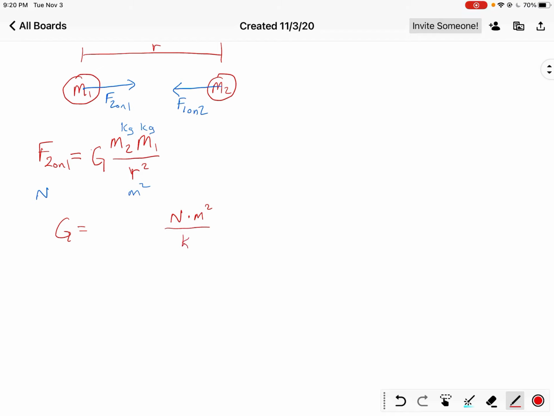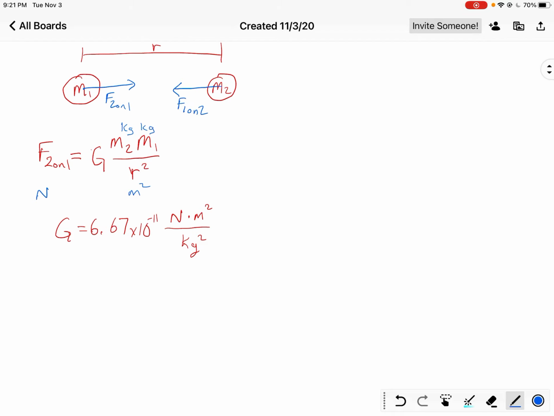I'm going to need kilograms squared on the bottom to cancel with the kilograms squared on the top. And then it's going to have a certain size that describes how big the force is when I have m1 equal to a kilogram, m2 equal to a kilogram, and the radius equal to 1 meter. And that's the size of the force.